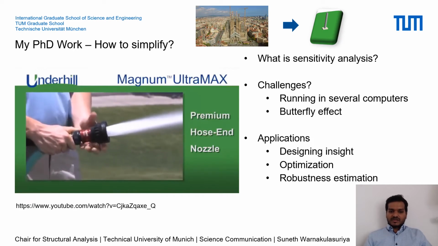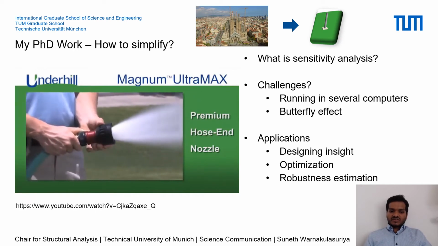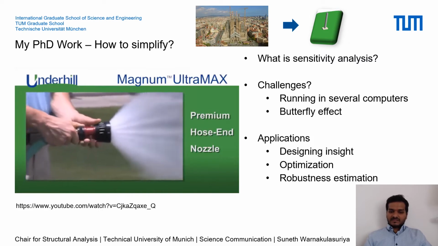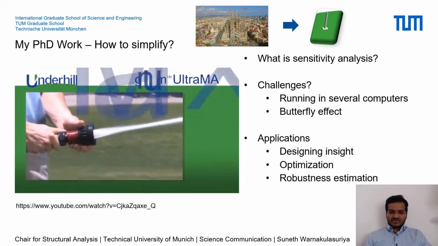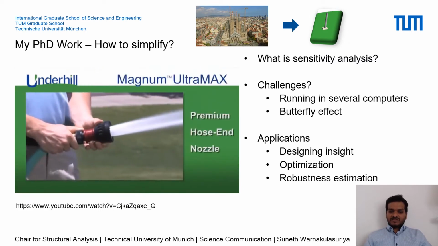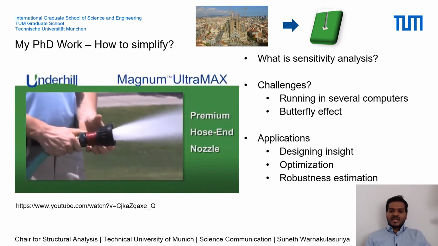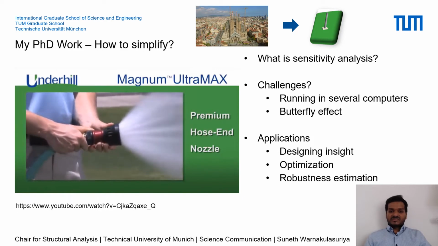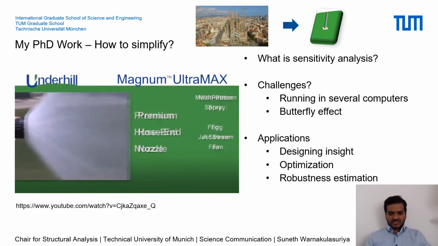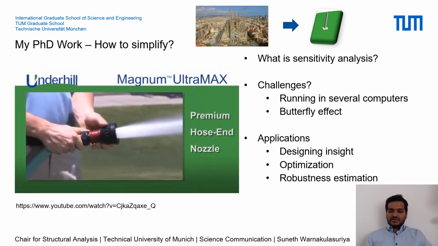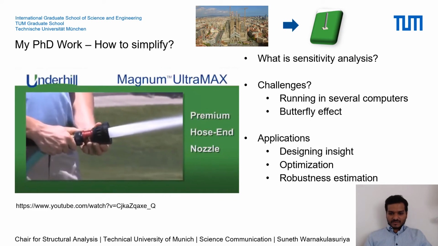That means your atmospheric conditions also affect this flow pattern, not only the nozzle rotation. That means whenever you want to do sensitivity analysis for the nozzle rotation, you need to take into account those atmospheric changes and how they also affect it. That's a challenge. I'm not going into details of it, so I will stop at that point.